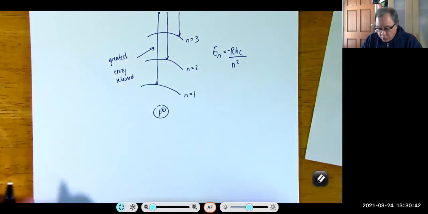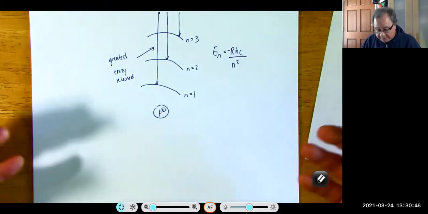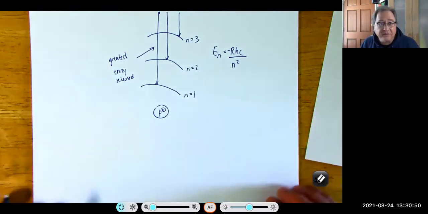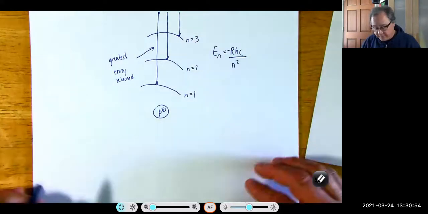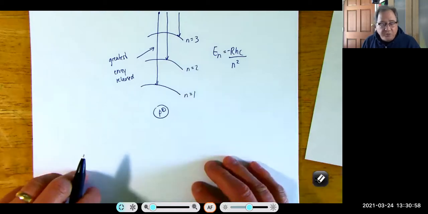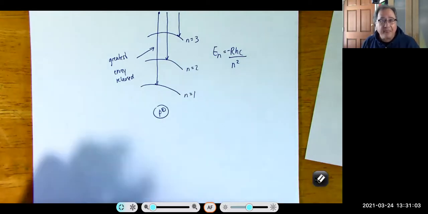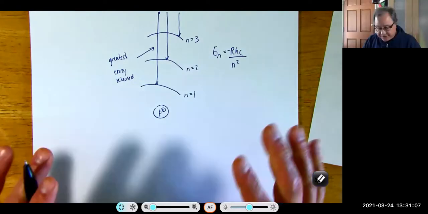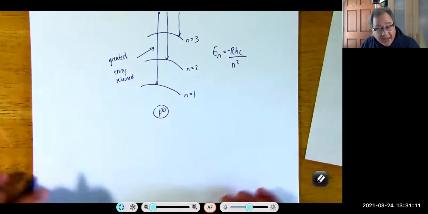So we can actually see in the equation that the orbits are essentially bigger and bigger. Or if you're looking at 3 down to 1, smaller and smaller. But still, it's kind of interesting that you can't end up in orbit 2.5. The electron cannot end up halfway. And this is the explanation for why you get those lines.